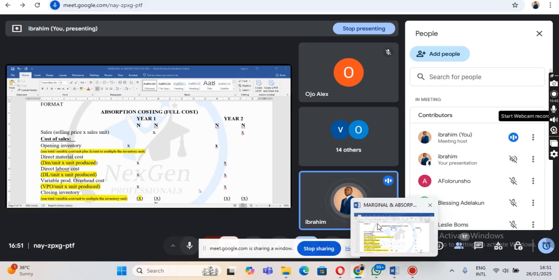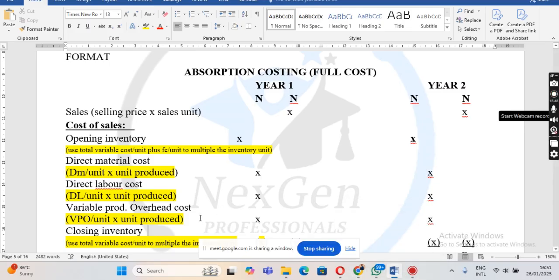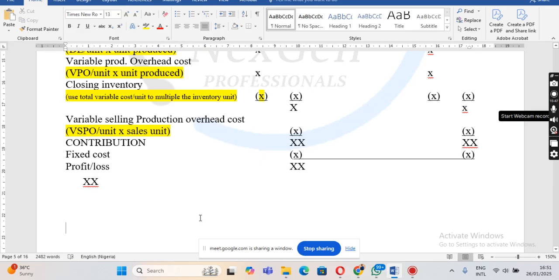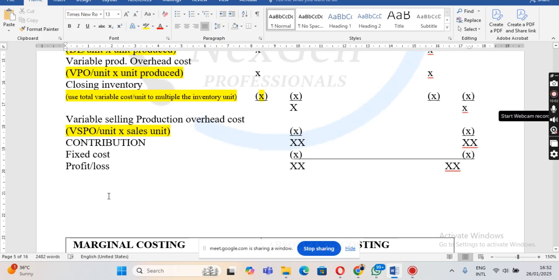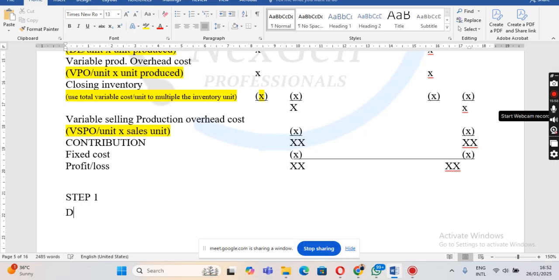Now, I will go down and say step one, class. Step one, class. Are we still together? Then I will go down and say step one: determination of full cost per unit, class.